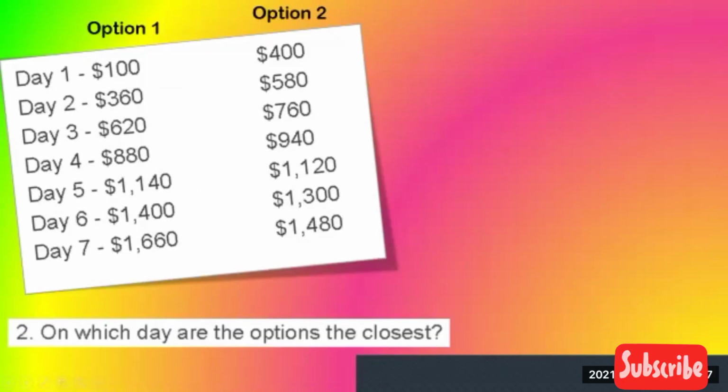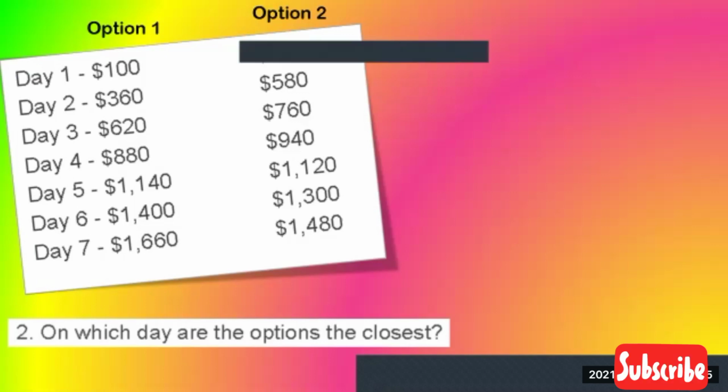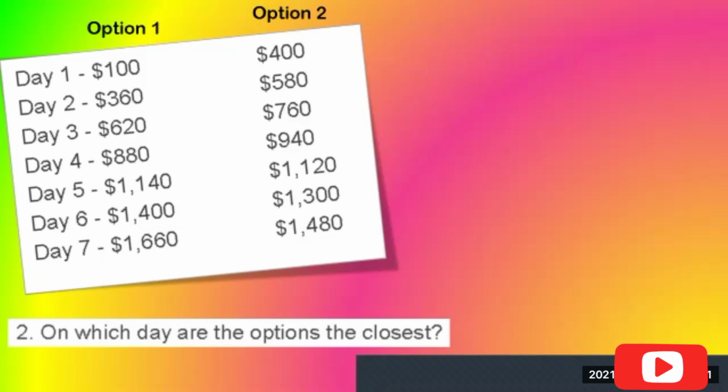So here we have a little representation similar to the table of how we can calculate the amount of money received each day. So if we add the $260 to the $100 that we received on day 1, we would have a total of $360 on day 2. And remember, we receive $260 each day.